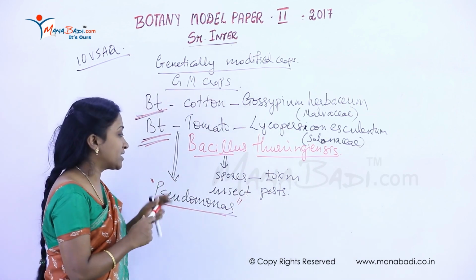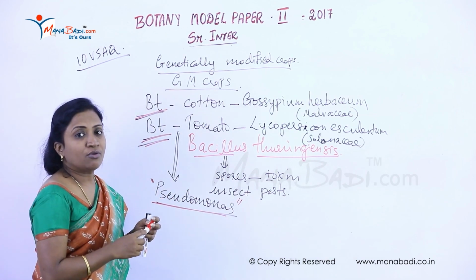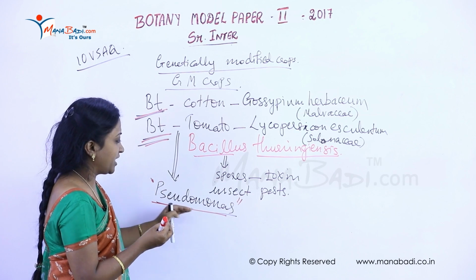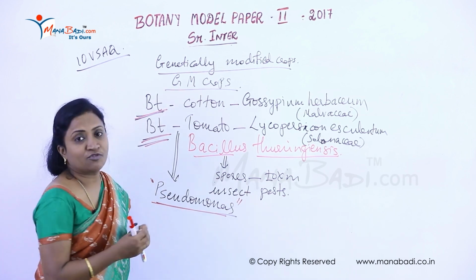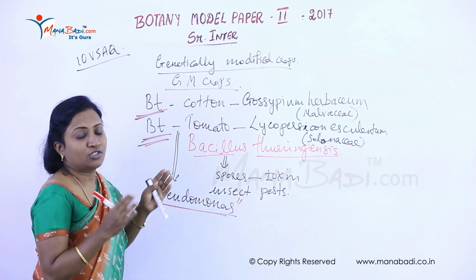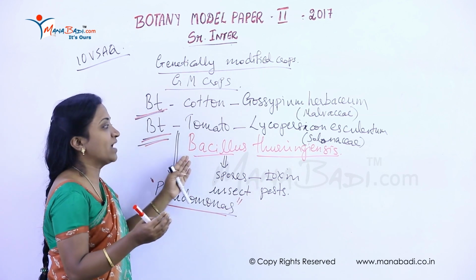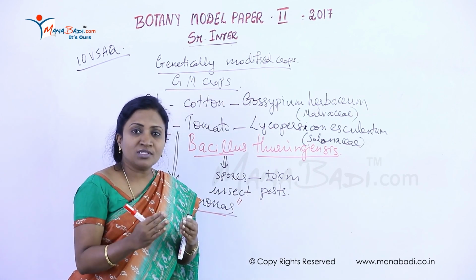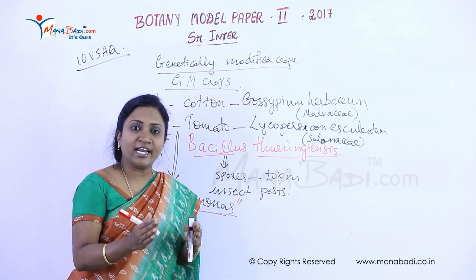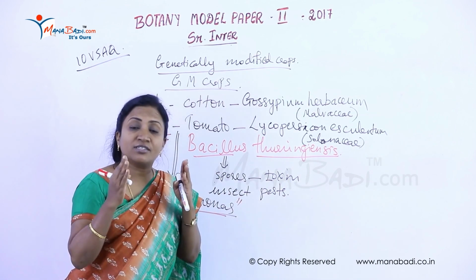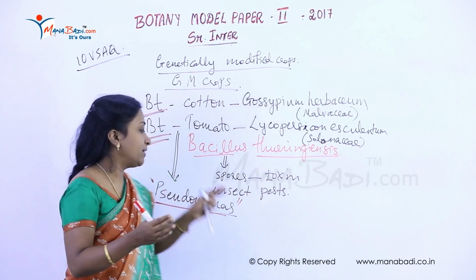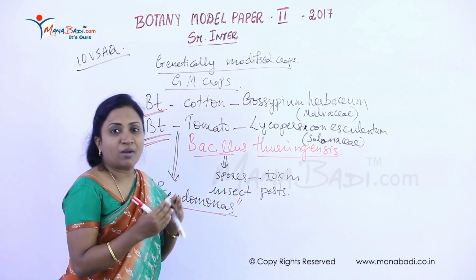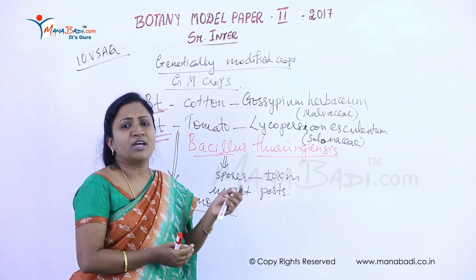The gene of Bacillus thuringiensis is responsible to secrete a toxin which kills the pathogen, that is Pseudomonas. That's how these two plants, these are only the two examples we are discussing over here.